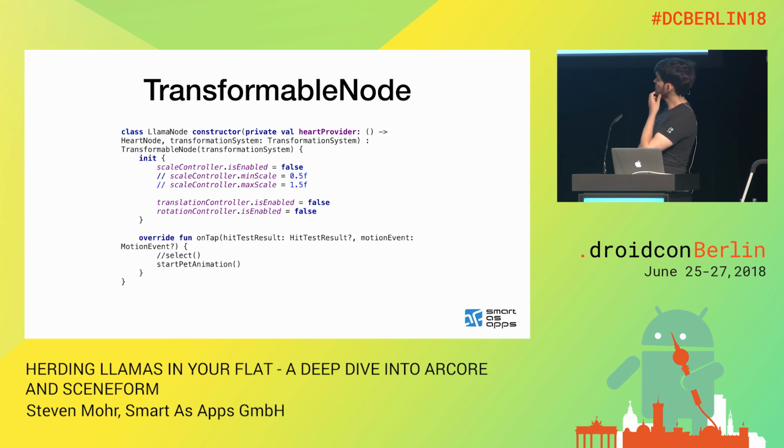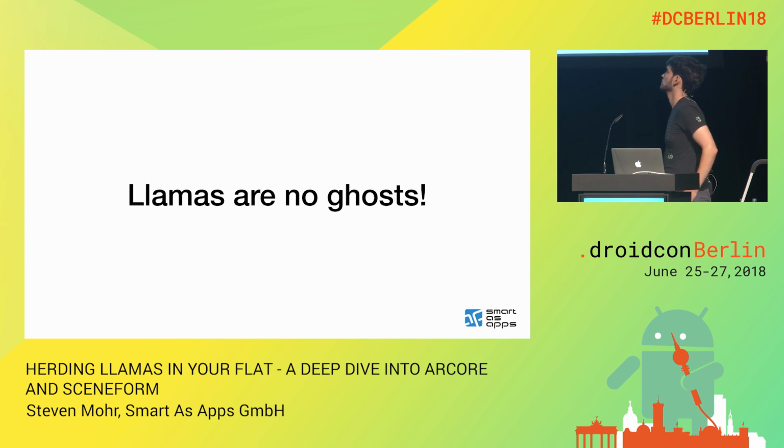So if you come from something like Unity or some other more advanced 3D lib, you would expect that all objects behave like real objects. But unfortunately, in Sceneform, there's right now nothing like a good collision detection, nothing like I just say, okay, this one is solid equals true, and everything just works.